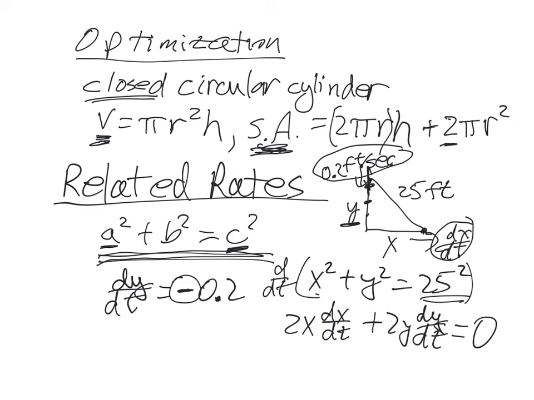Well, we could find y from our original equation. If x is 5, x squared plus y squared, 5 squared plus y squared equals 25 squared. We could find out what y would equal. So we'd have y, we'd have dy by dt, and we'd have x. That will allow us to find dx by dt.